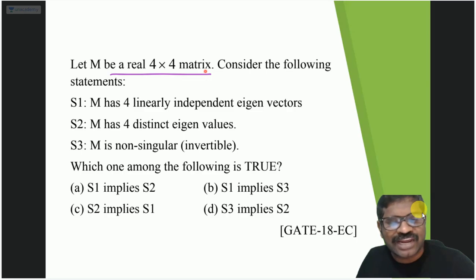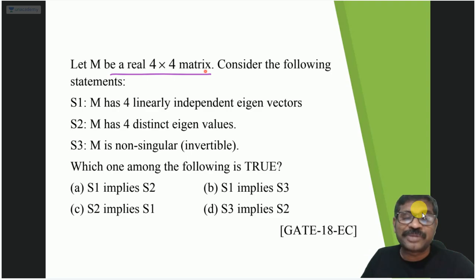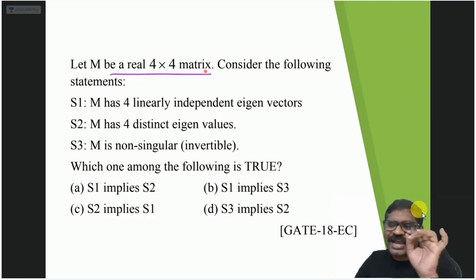M has 4 distinct eigenvalues. M is non-singular. Which one of the following statements is true? Either S1 implies S2, or S1 implies S3, or S2 implies S1, or S3 implies S2. Please connect the statements.